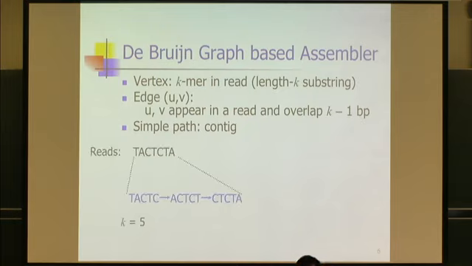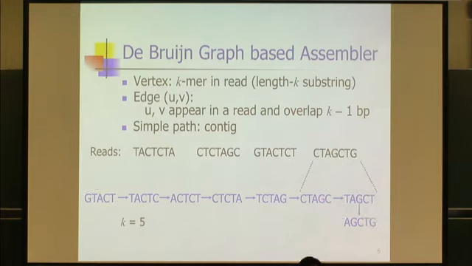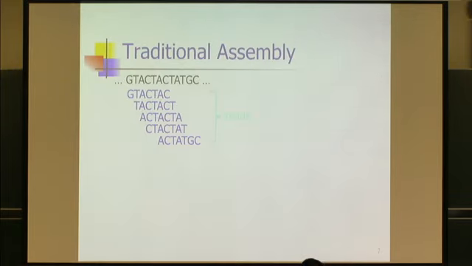I won't go into detail. For example, this read can break down into 3 k-mers, and they join together. And this is another read. You can continue, make more k-mers, and eventually these reads will represent a simple path, and this will be produced as a contig. This is the basic de Bruijn graph approach to solve the assembly problem.